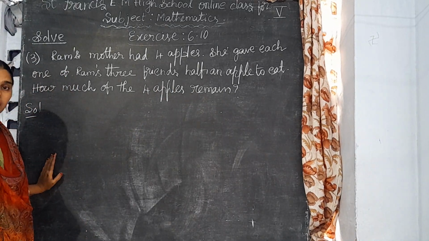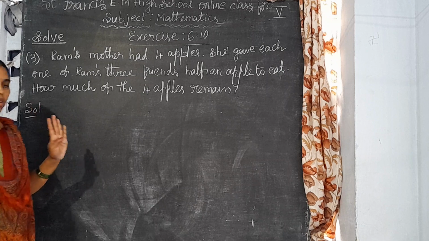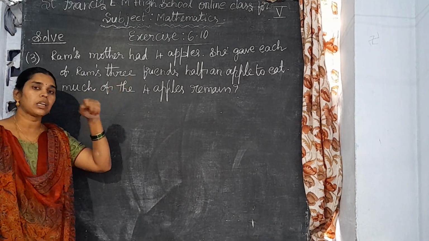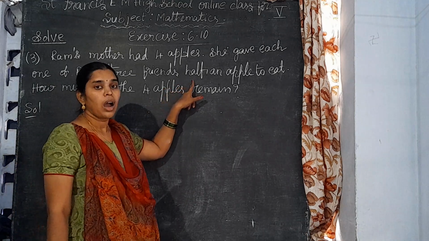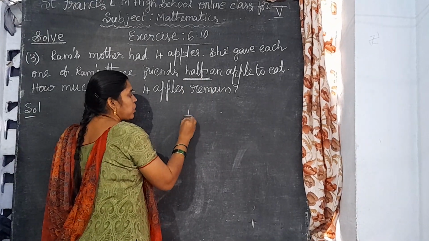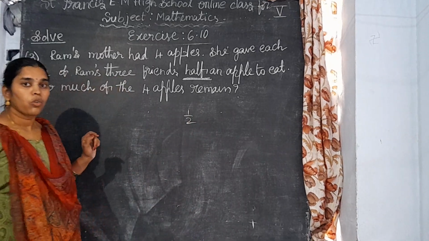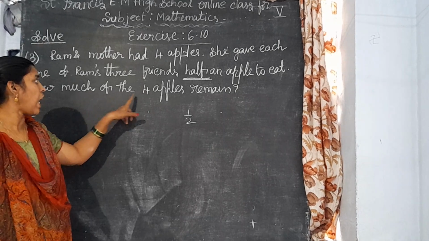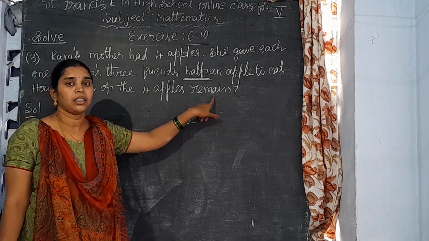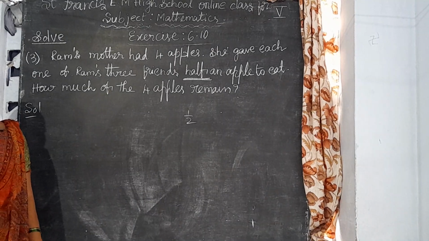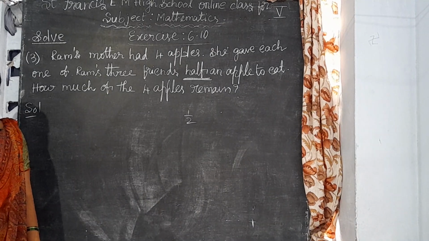Total how many apples are there? 4 apples. How many friends? 3 friends. Each one how much did she give? Half. Half means 1 by 2. Okay. What do you want to find out? How much of the 4 apples remain? Means what we have to do? We should do subtraction. Okay?